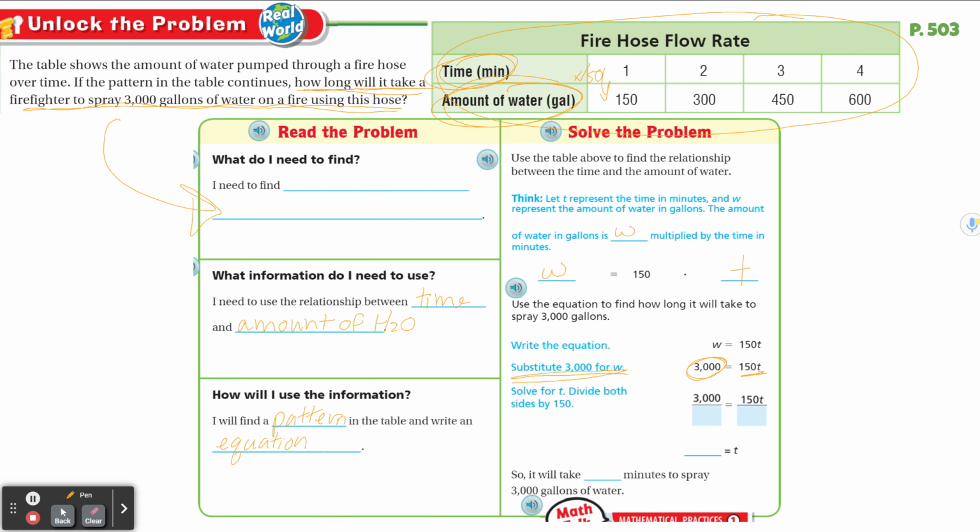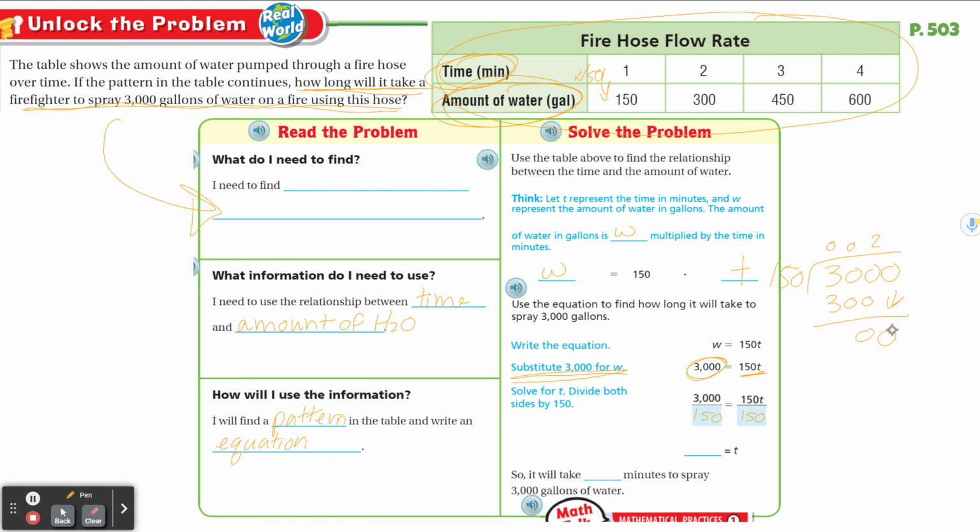And we're going to think, what is the opposite of multiplying? Yeah, the opposite of multiplying is dividing. So we're going to divide each side by 150 to get rid of the multiplying by 150. And so we could set this up, 3,000 divided by 150, we can get there from 3 or from 30, from 2 for 300.